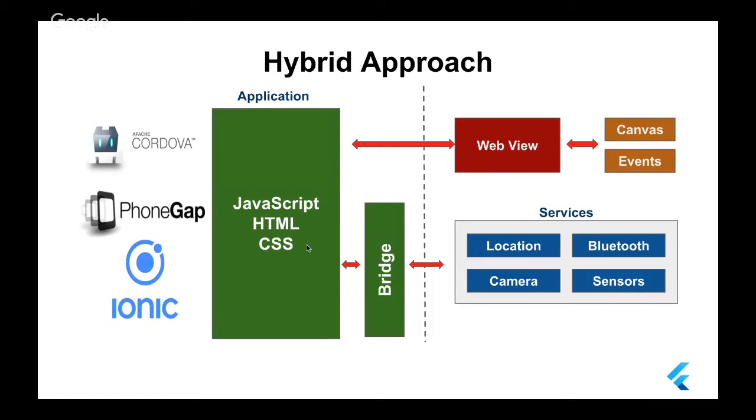You are using a very easy language like JavaScript, HTML, CSS. Anyone can learn and start with it easily. And you are using a single code base to build your application, and you are compiling your application for different operating systems or platforms like iOS, Android, desktop, or web view.